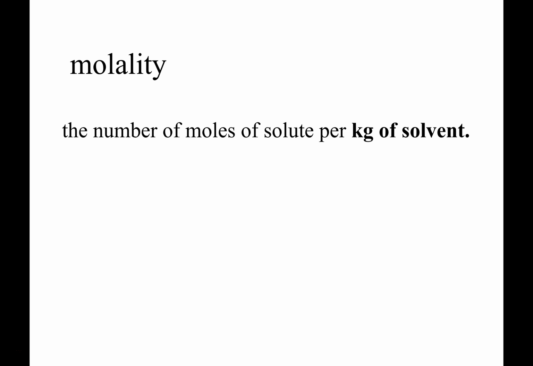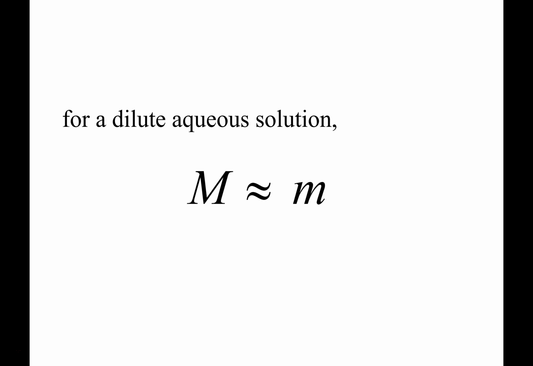So now this is new to Chem 2. Hey, that rhymes. Molality, lowercase m, like I said before, means moles of solute, like we have with molarity, but the denominator is kilograms of solvent. So the mass of the solvent is in the denominator.